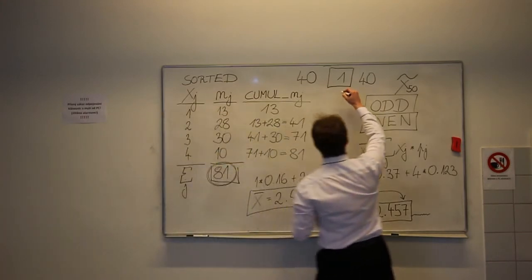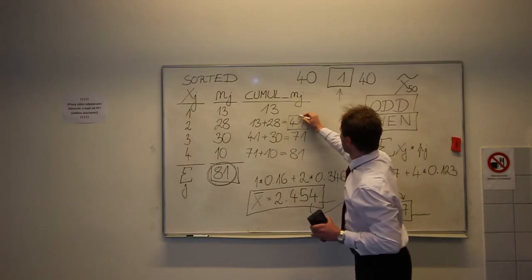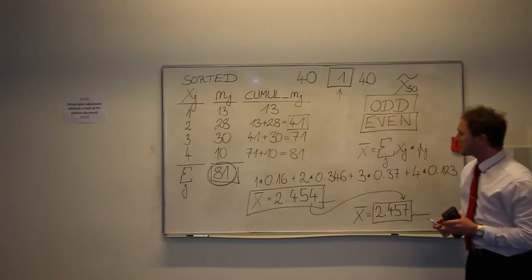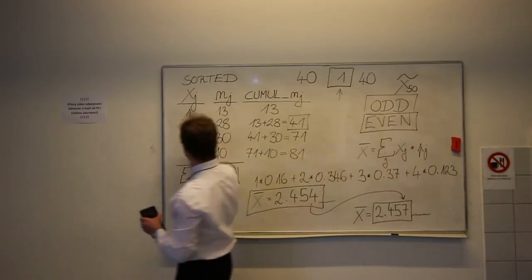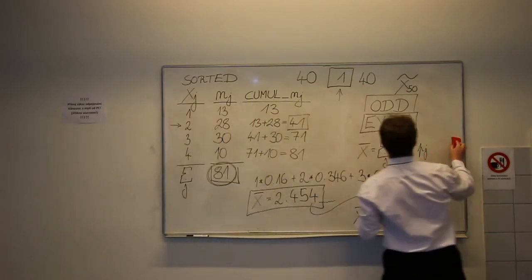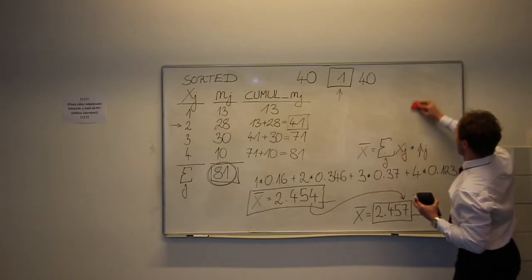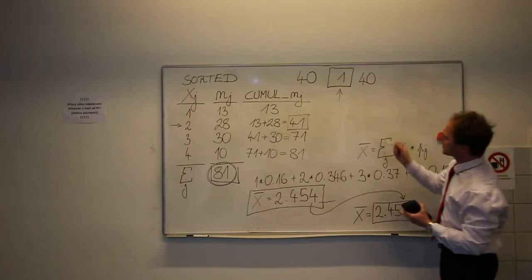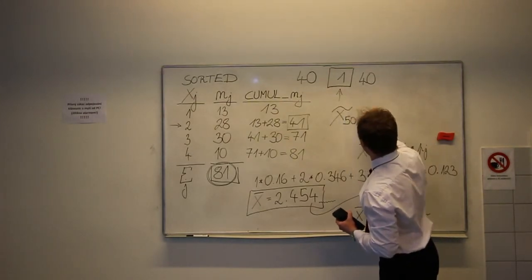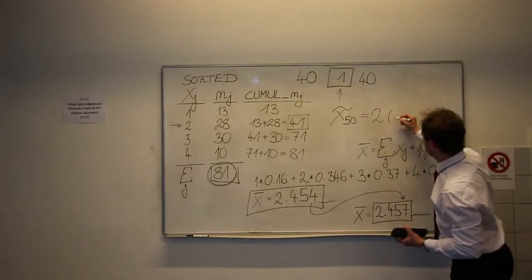Where is our median student? Here. The median student is the last student with grade 2. So the median physically exists, and x50 with wave is equal to 2. Yes, this is the grade.